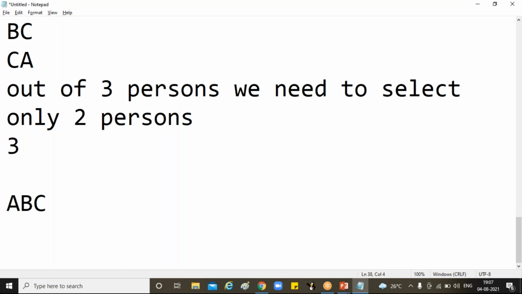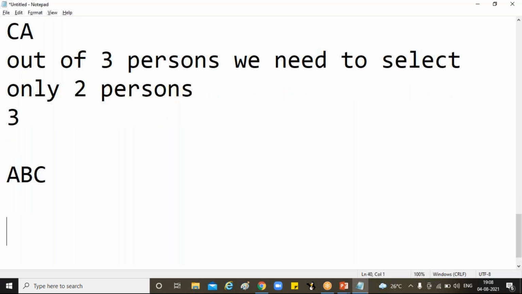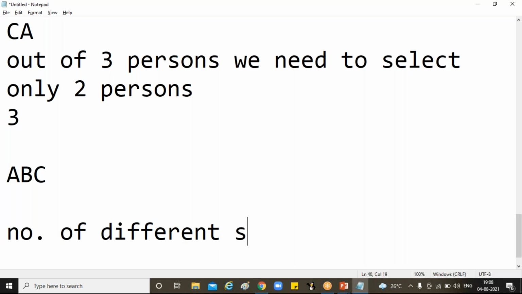If I want to select Tarun, Sahiti and Kunal, or Sahiti, Kunal and Tarun, or Kunal and Sahiti, the combination of the persons are same or different? Irfan? Same. Okay.